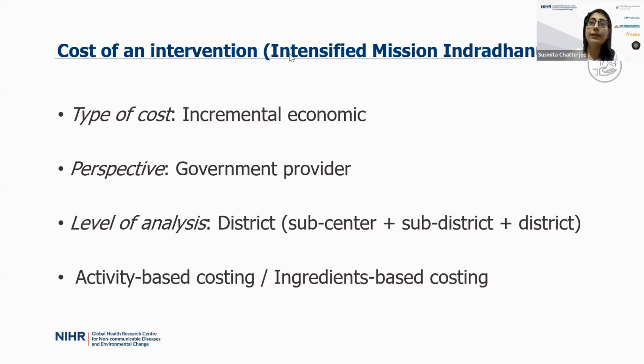Think about any intervention you are involved with, and if you want to do a cost analysis, what are the things that you should be knowing before you go for that analysis? I have mentioned that we first need to think about whether we are going to do an incremental versus a full cost analysis, financial versus an economic cost analysis.